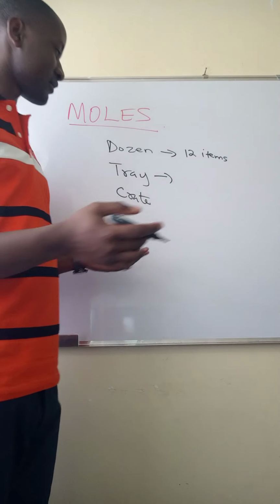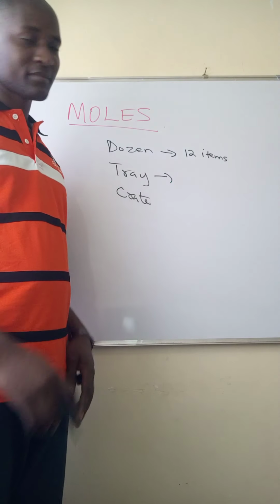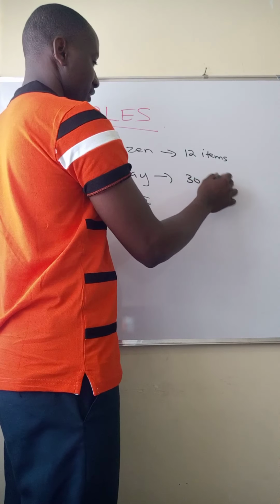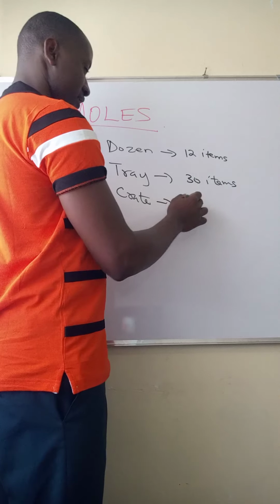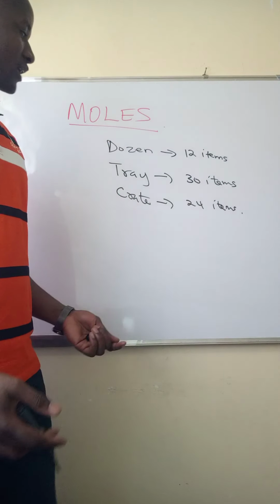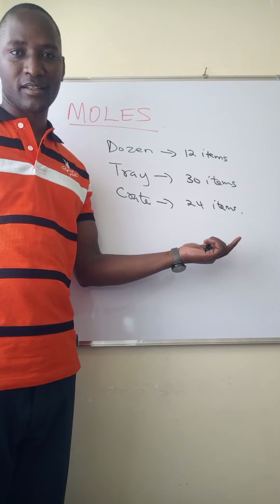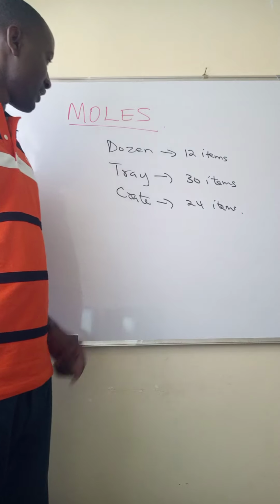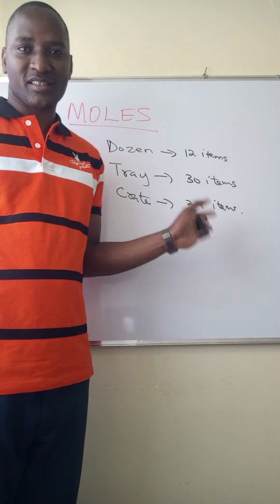A tray we know is having 30 items. A crate is having 24 items. So when I say crate, I mean it is having 24 items in it. Dozen having 12 items in it.